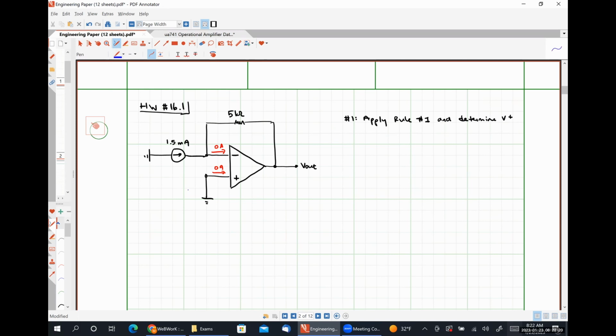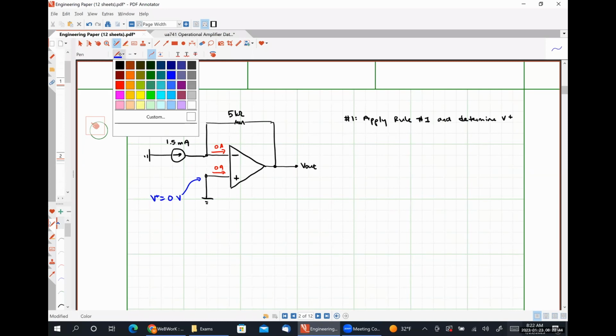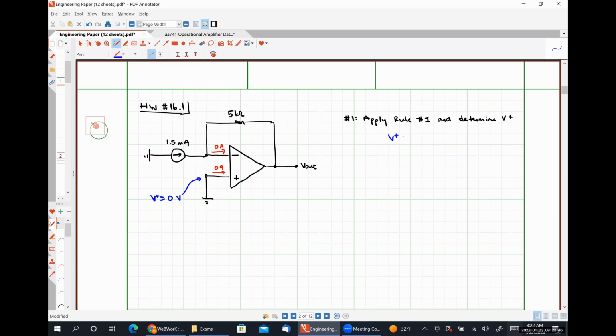And now we are to find our voltage at this node. So who can tell me what that voltage is? 0, absolutely. It's connected directly to ground. And I'll write this over here. V plus is equal to 0 volts.